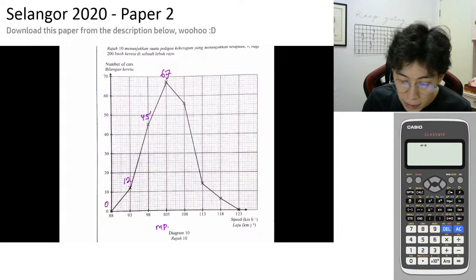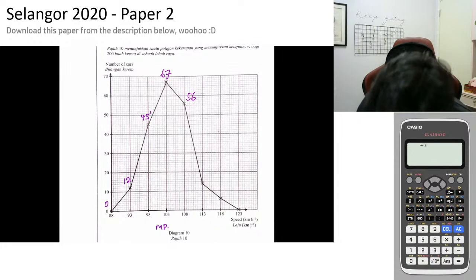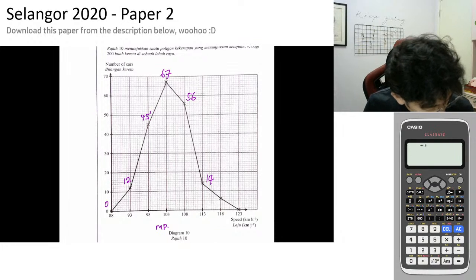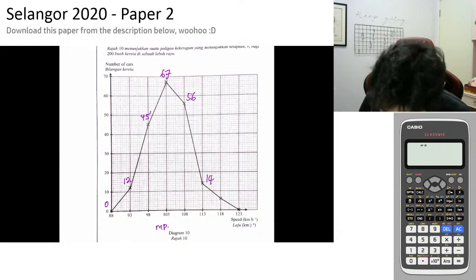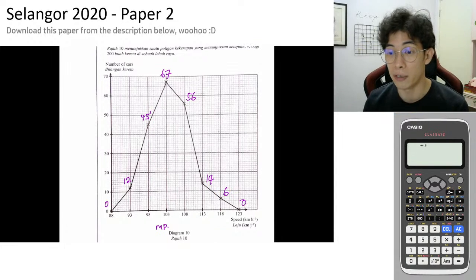I write it there so it's easier for me to do my questions later. Then 56, and this is 14. The next one is 6, and finally 0. So everything's there already.